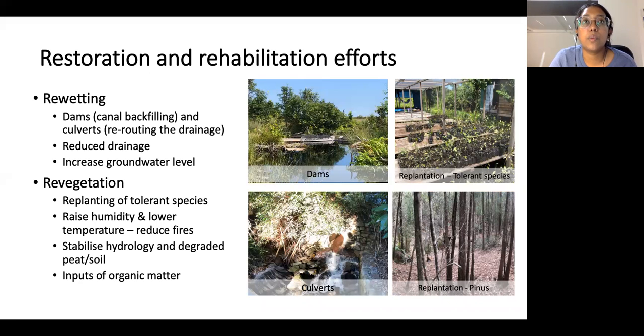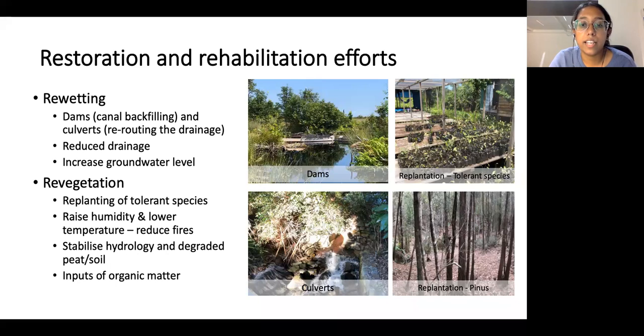So of course, you see the governments in both countries coming out with a lot of restoration plans and also regulations and management for fires and the other impacts of this degradation. But the two common themes that I see are, first, rewetting.